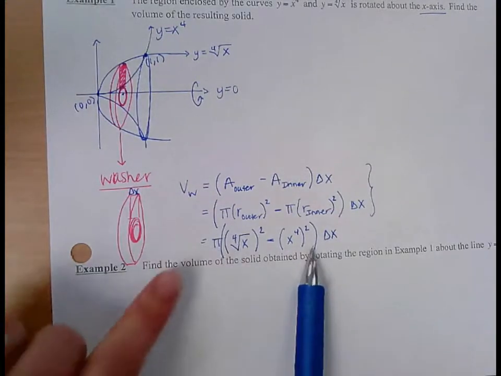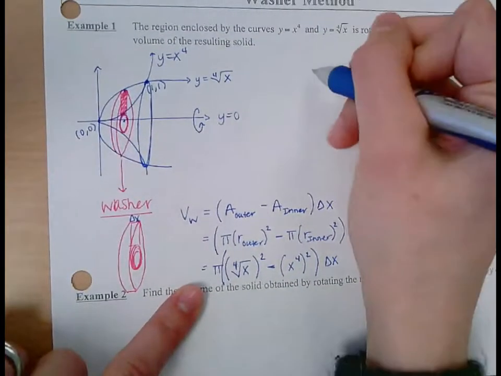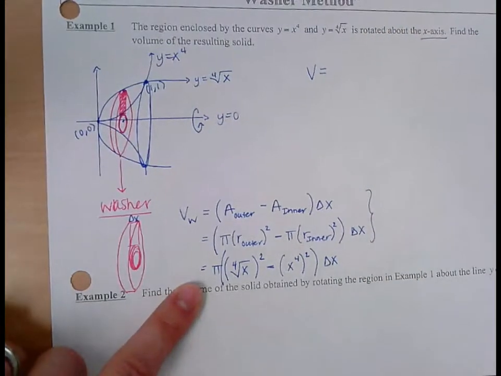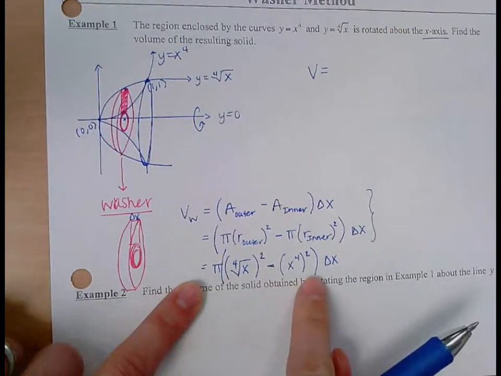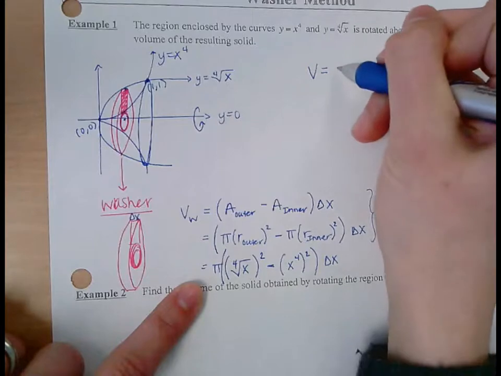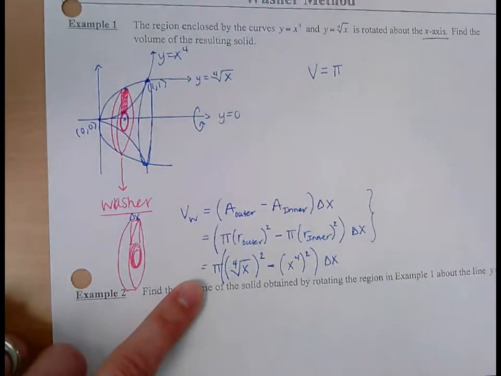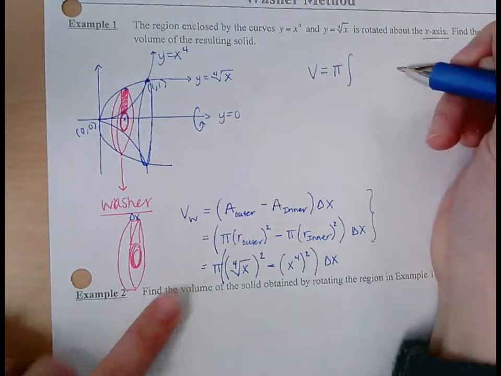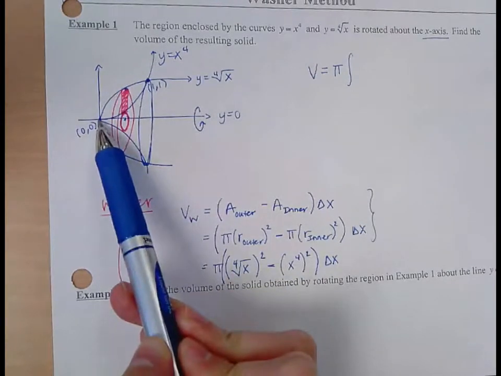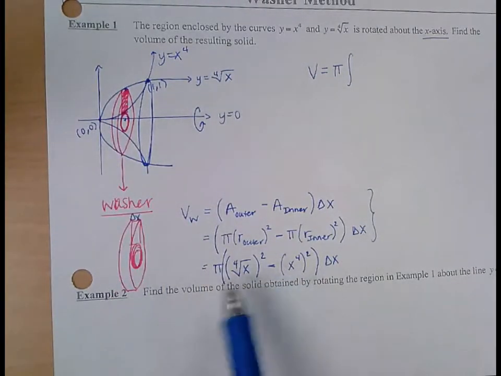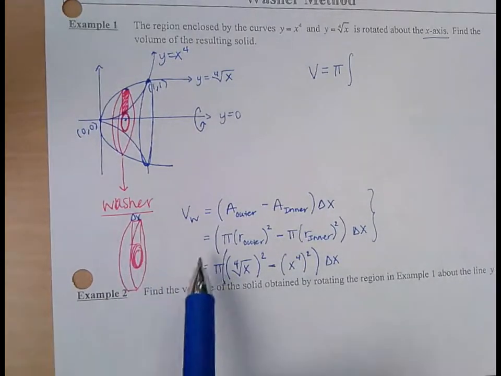Once you have this though, now I can actually find the volume of the solid, and that's going to be integrating this expression. So I'm going to write the pi in front of the integral right away. I have the integral from my boundaries. Since my rectangle was vertical, everything is in terms of x.